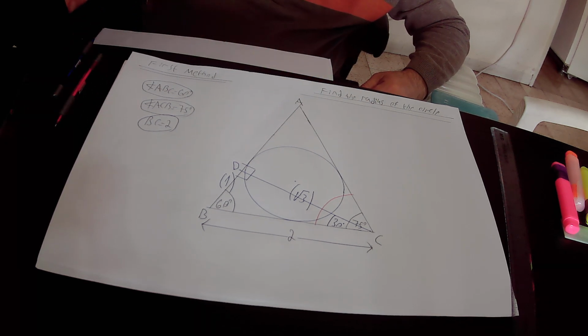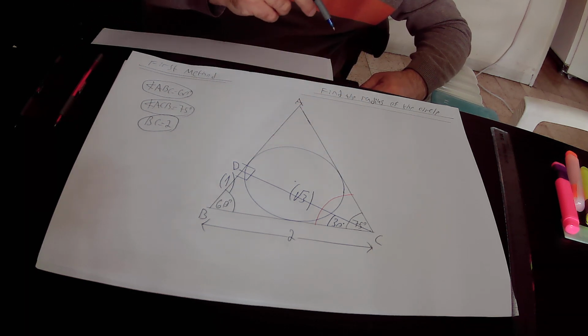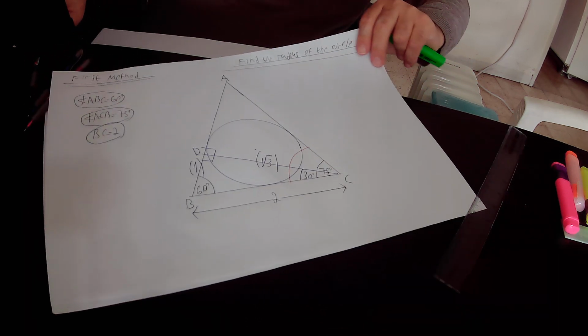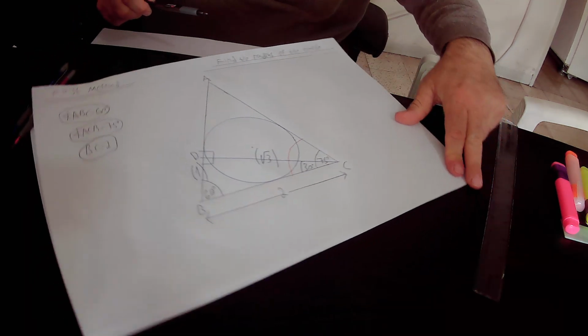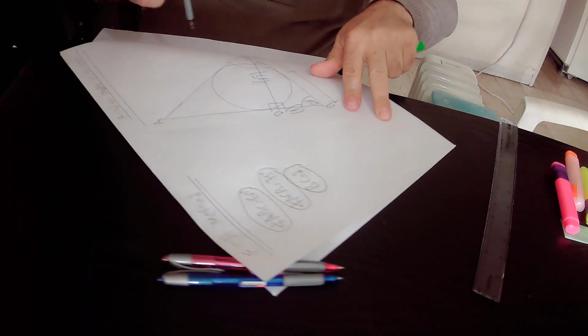So angle ACD must be equal to 75 degrees minus 30 degrees, that is 45 degrees. So angle ACD equals 45 degrees in its size.